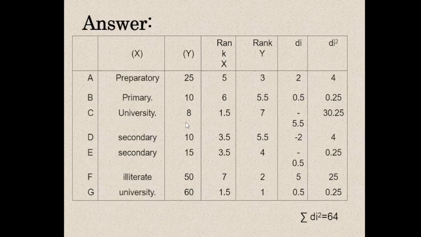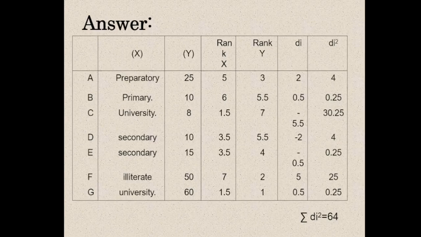Next level of education is secondary. But when we see secondary, the two persons are having the same level of education. That means they need to be provided the ranking, so they cannot hold the same rank.